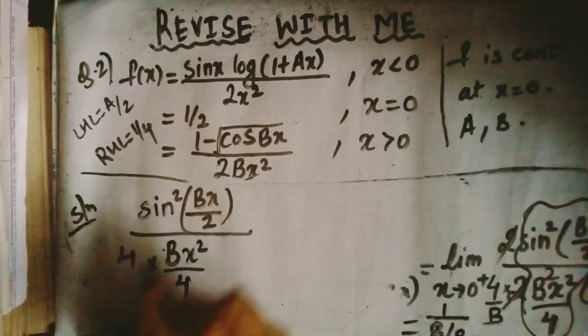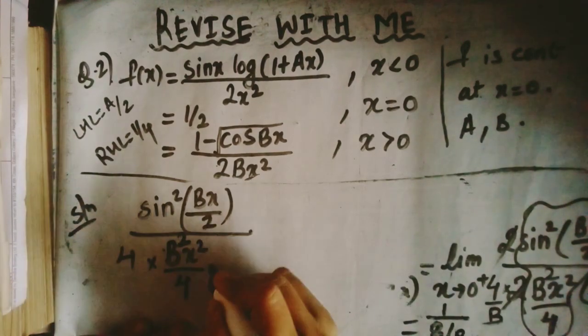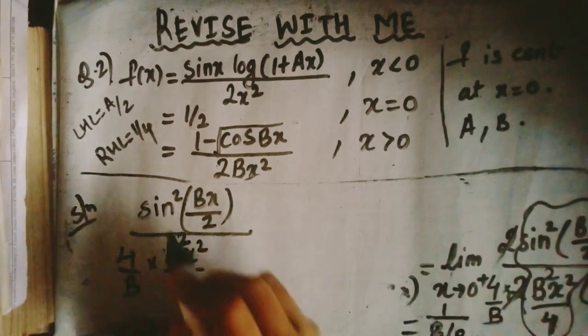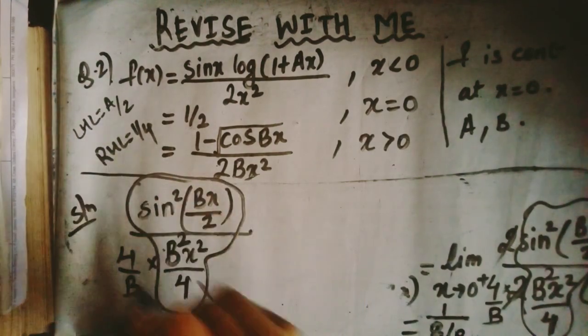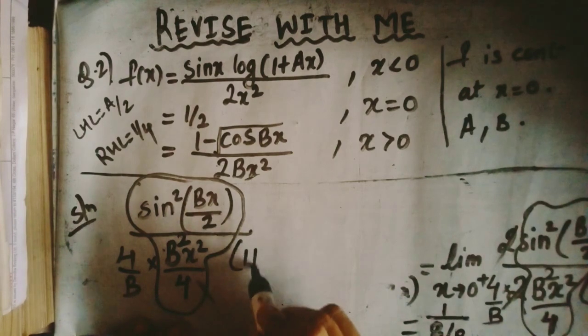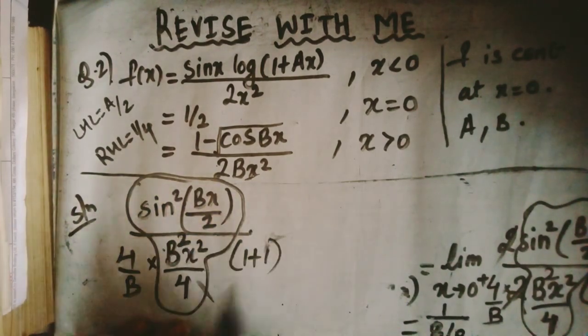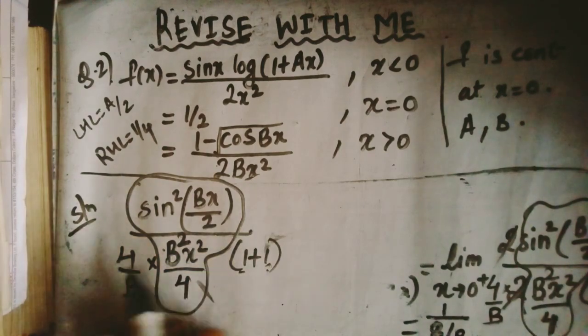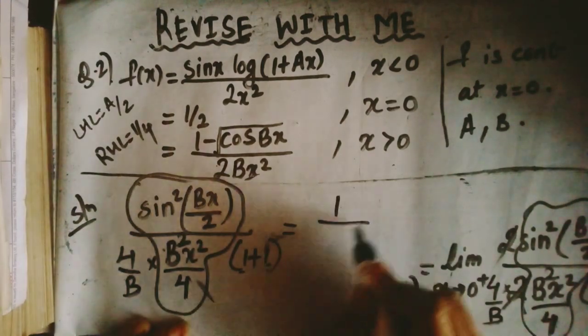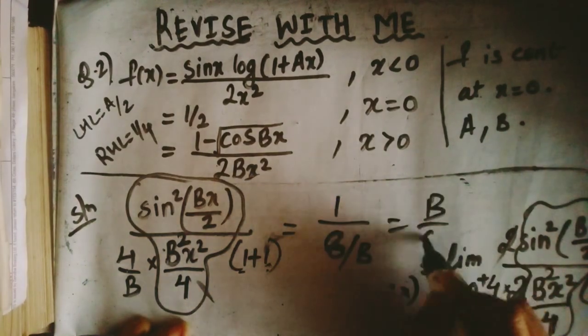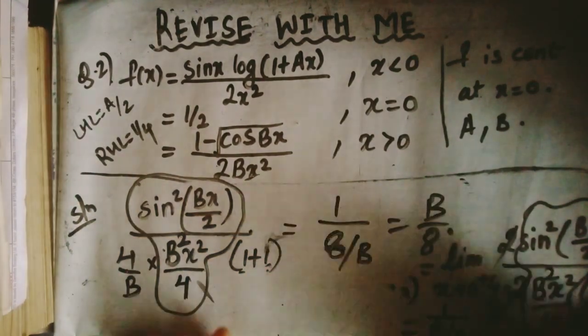Again we need b square, so you have to divide by b. Now this becomes 1. And the term which remains here, this becomes 2, 1 plus 1, 2, so 2 4s are 8, so this is 1 upon 8 by b, which is b by 8. So this is our RHL.